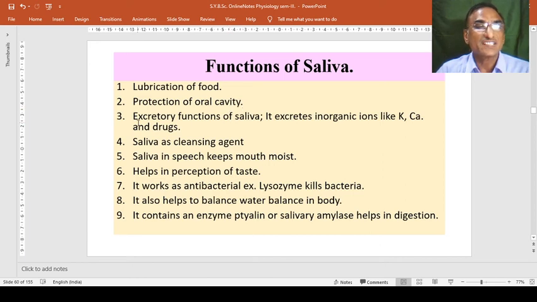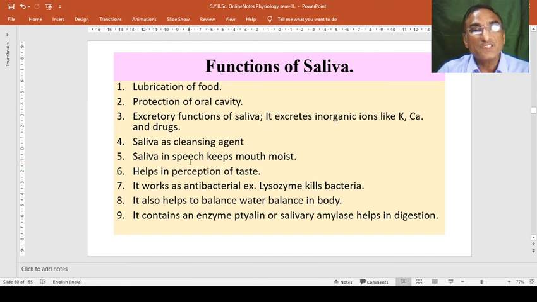Then, the excretory functions of saliva: it excretes inorganic ions like potassium, calcium, and some drugs. They are released in saliva. Saliva is also a cleansing agent. It cleans the mouth and the bacteria, and works as an antibacterial, killing germs and other materials.